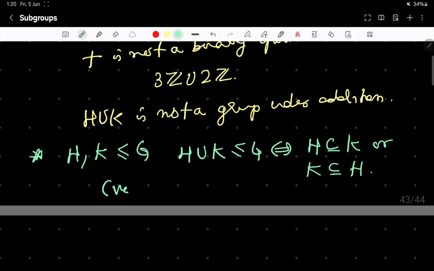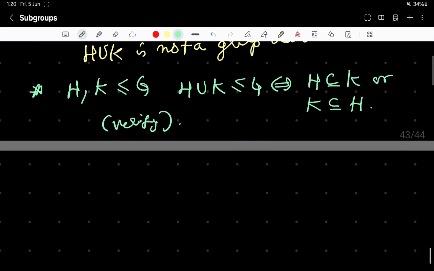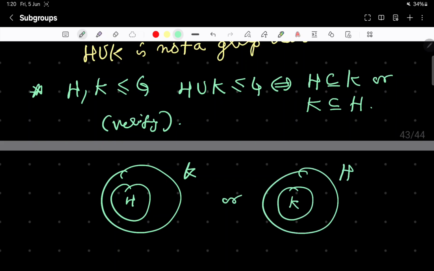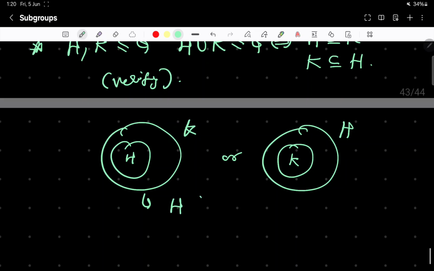You can verify this. If H is a subset of K, then H union K automatically becomes K, but K is already a subgroup, so H union K is a subgroup. You got the idea, right? These are the only cases where a union becomes a subgroup. Keep that in mind.